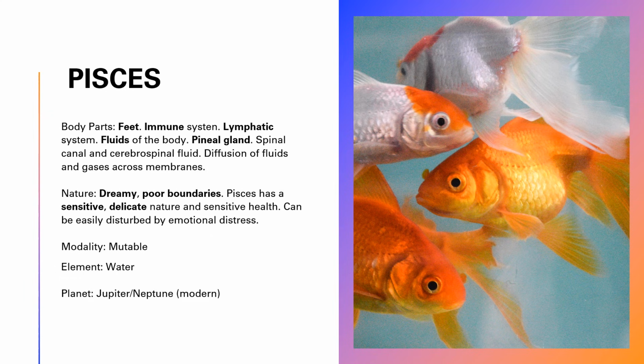Cerebrospinal fluids, all these waters of the body, and anything that can cross membranes, that's very Piscean in function. I'm trying to think, like the gastrointestinal, like the intestines, how some nutrients can, what's the word, perfuse across membranes. So that is extremely Piscean in nature.